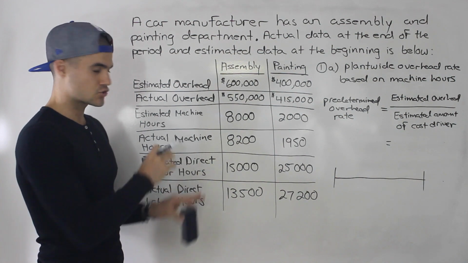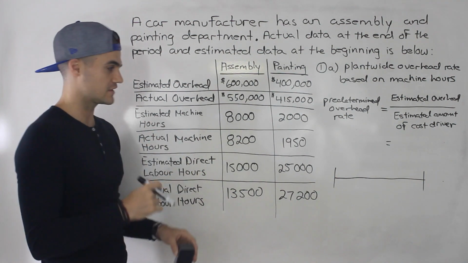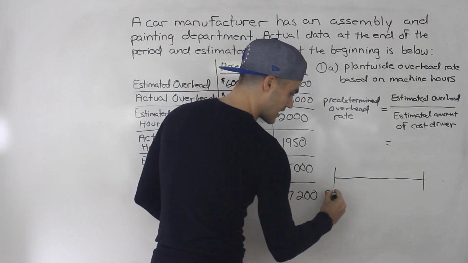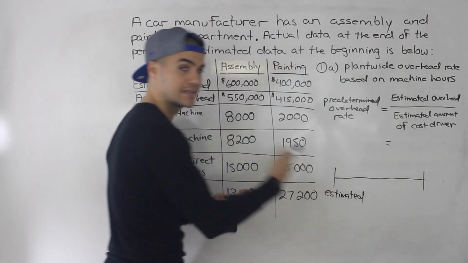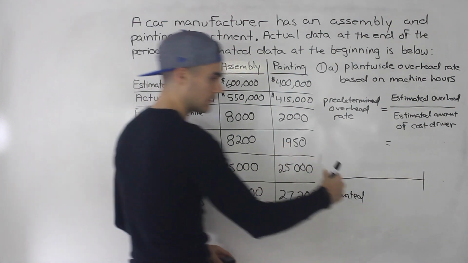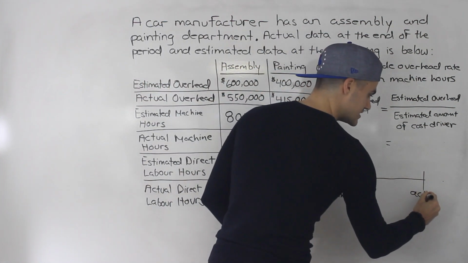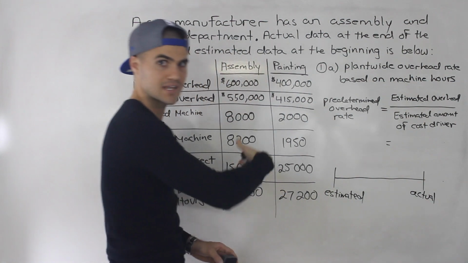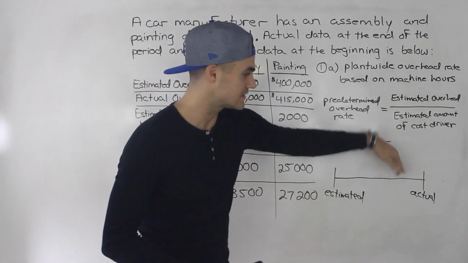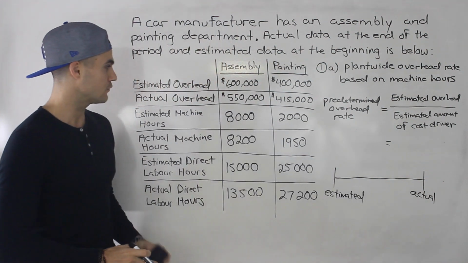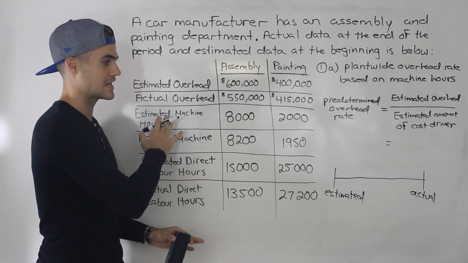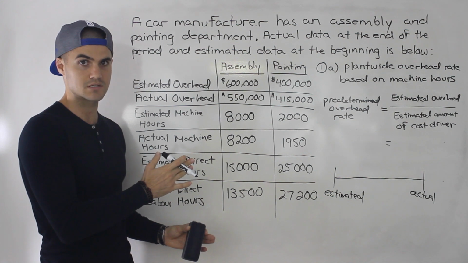But what's tricky about these charts, especially if they put everything together, is that the estimated stuff is happening at the beginning of the period, while the actual data happens at the end of the period. The time has to go by for you to see what actually happened. So you've got to be careful with these charts. They're not happening in the same time period a lot of times.